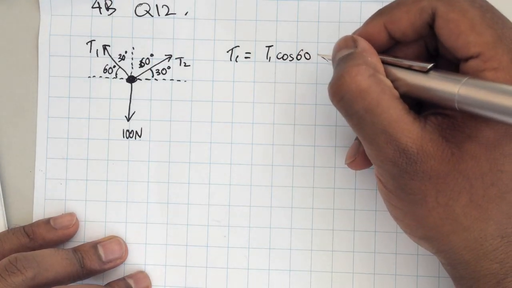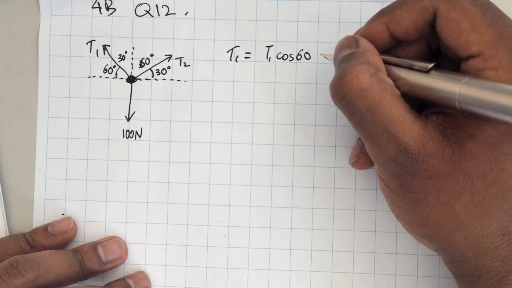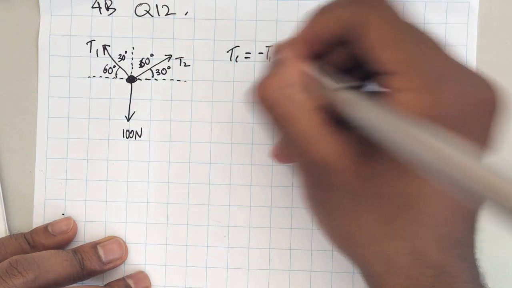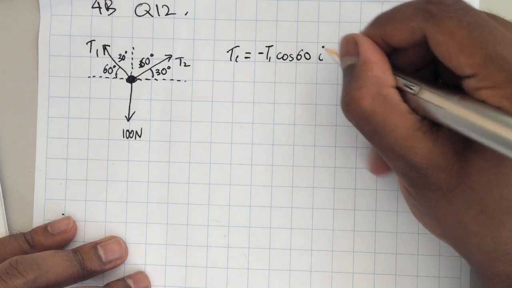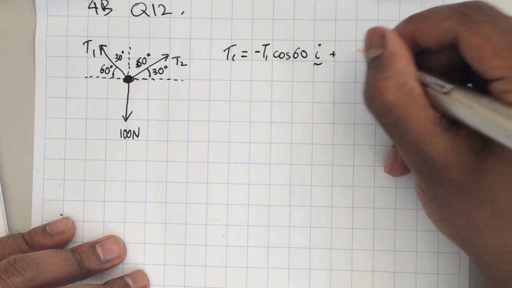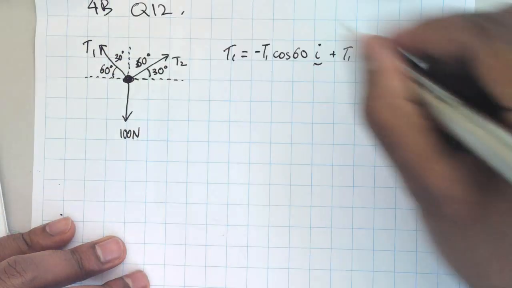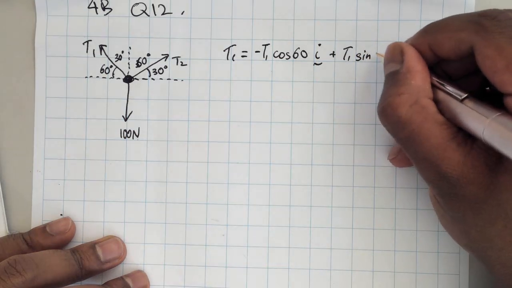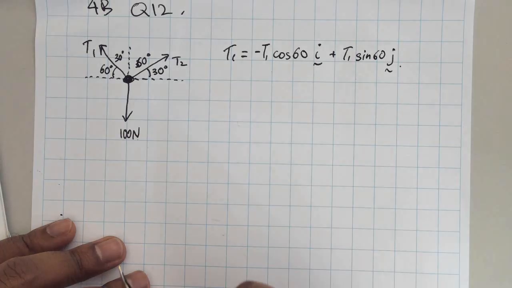Hold on, people. T1, is it going left or right? It's going left, so our horizontal component is actually negative. Alright? And then plus the same resultant times sine 60 J. Everybody following so far?